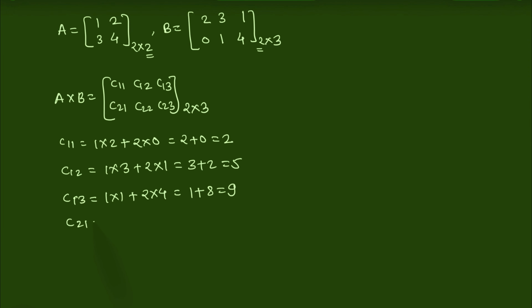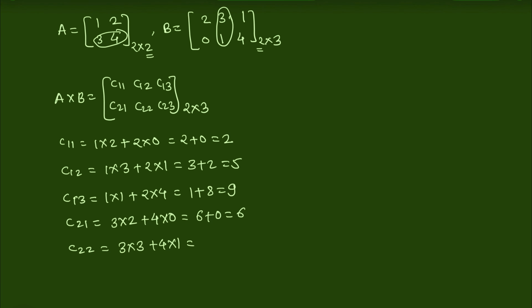Now C21, which is the multiplication of the second row to the first column, which is 3 into 2 plus 4 into 0, which is equal to 6 plus 0, which is equal to 6. Now C22 is equal to the multiplication of the second row to the second column, which is 3 into 3 plus 4 into 1, which is equal to 9 plus 4, which is equal to 13.